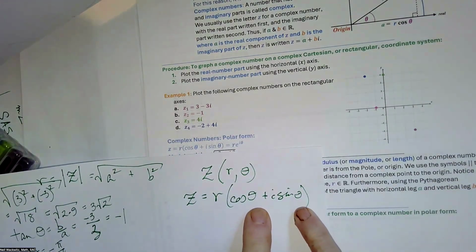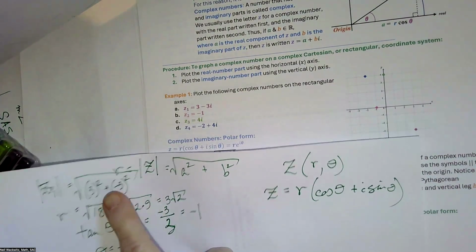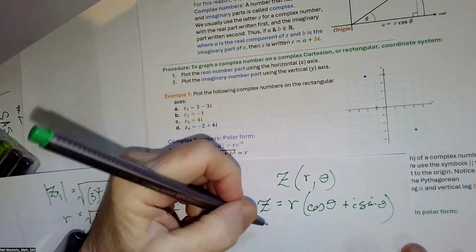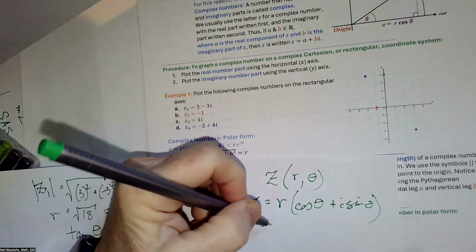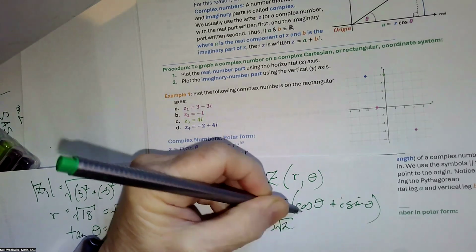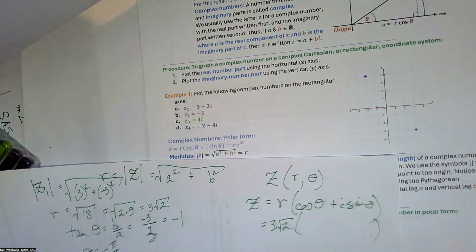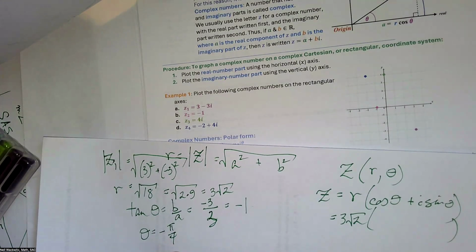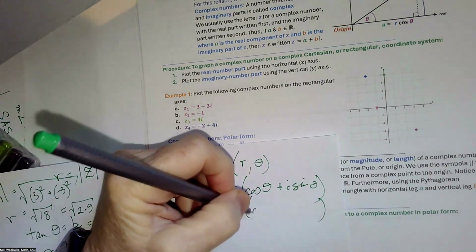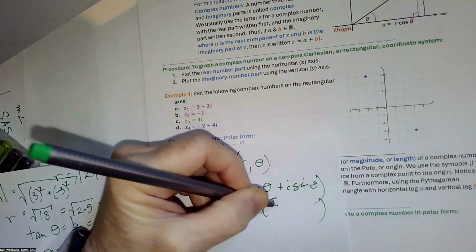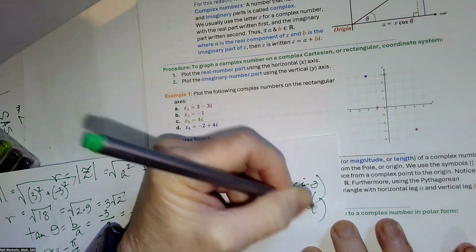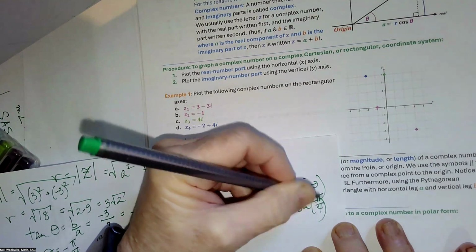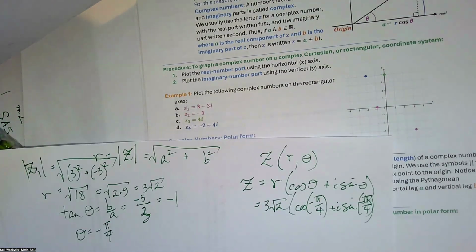And these thetas are the same. So for instance, this point that we just messed with, we said that r was 3 square root of 2, that theta was -pi/4. And we would leave it like that.